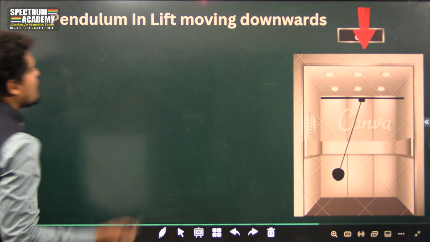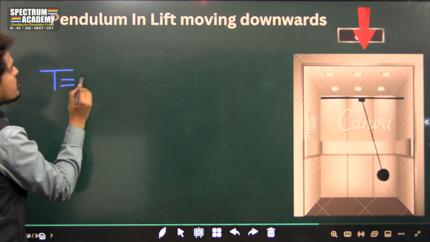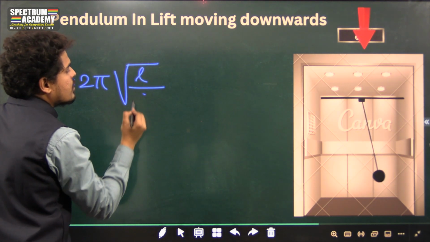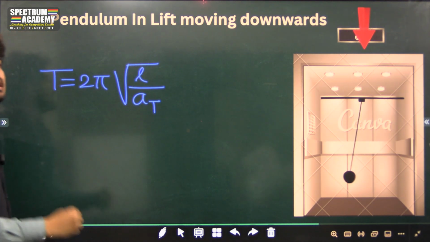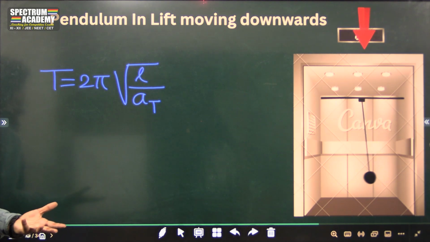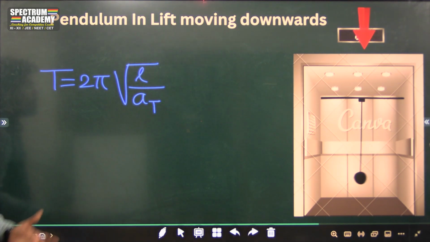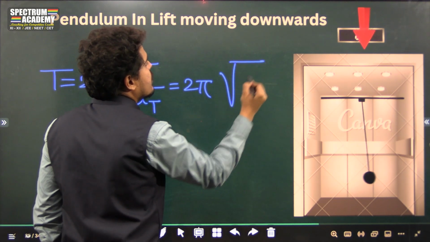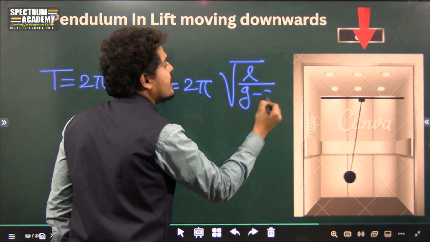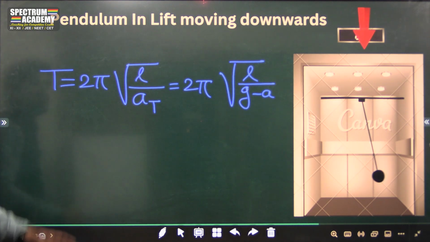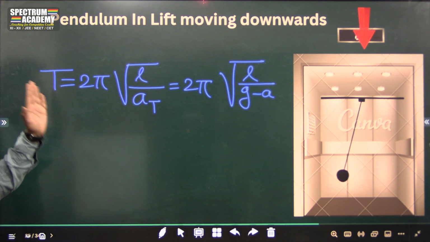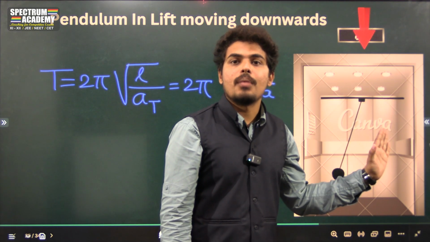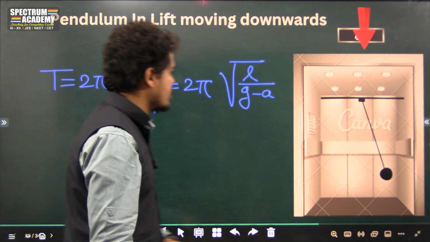So we can write the period here. T equals 2 pi under root of L upon total resultant acceleration, so equals 2 pi under root of L upon g minus a. This is the resultant period of the bob of the simple pendulum in the lift moving downwards.